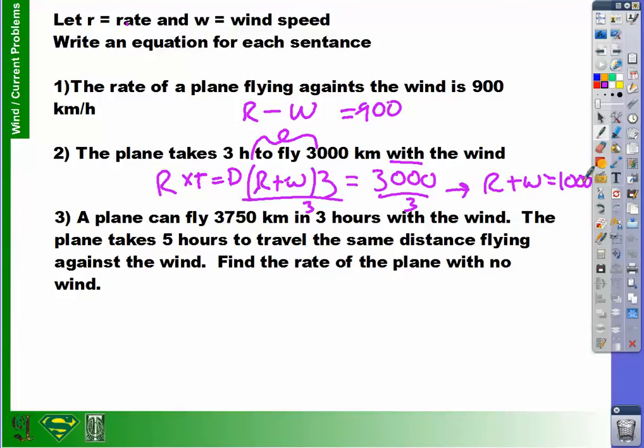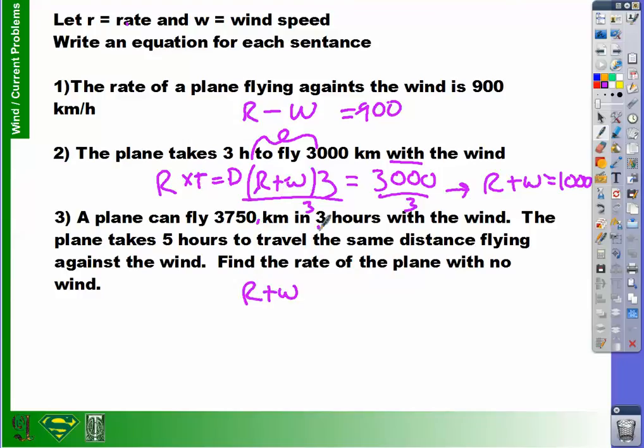So let's put this together into a problem that has a system of equations. A plane can fly 3,750 kilometers in 3 hours with the wind. The plane takes 5 hours to travel the same distance flying against the wind. Find the rate of the plane with no wind. Well, we learned that the rate with wind is going to be r plus w.